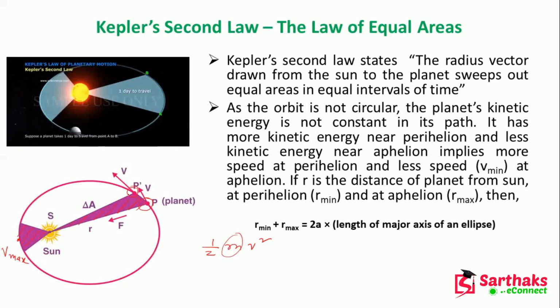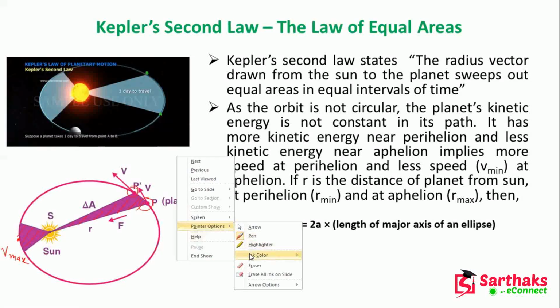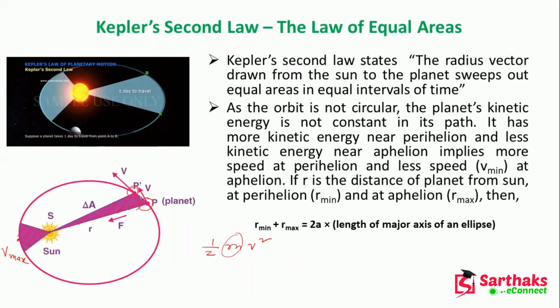So at the position of perihelion, let it be this point, we are taking the velocity as v max. And at this point, let me change the pointer color, otherwise I cannot explain anything. Suppose this point is your aphelion, the farthest point. At this point you have the velocity vb.